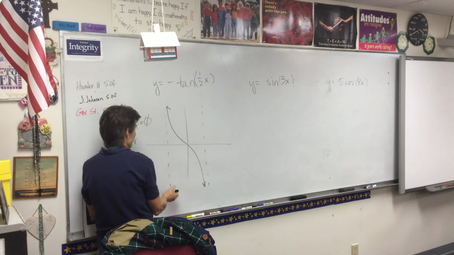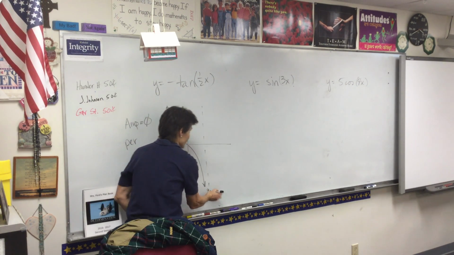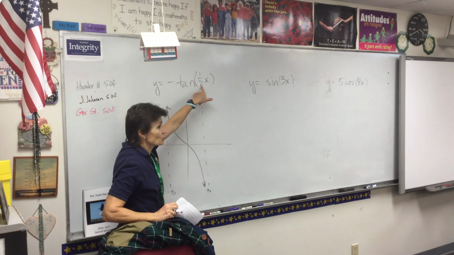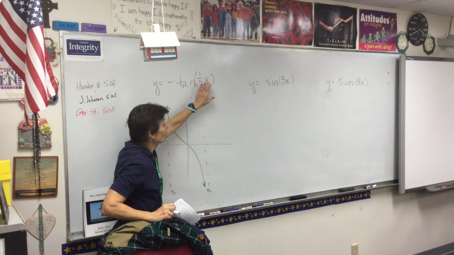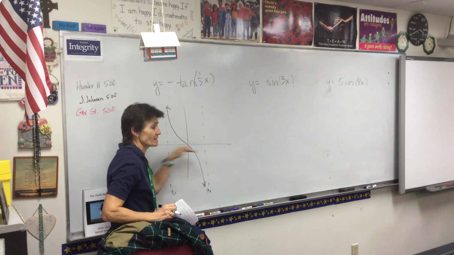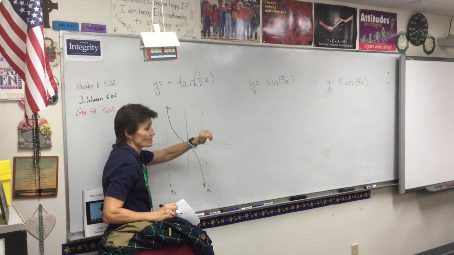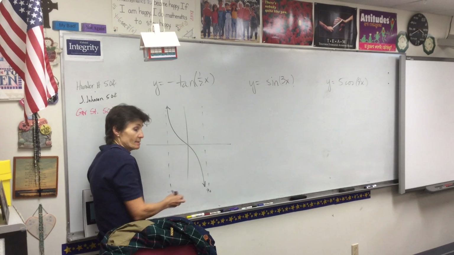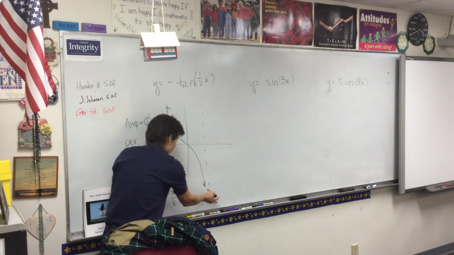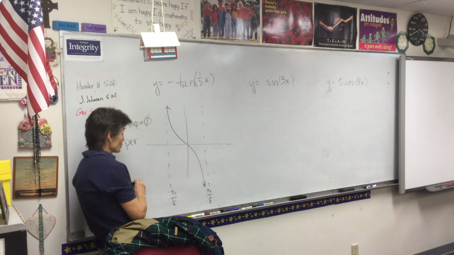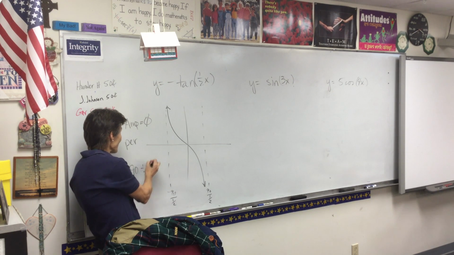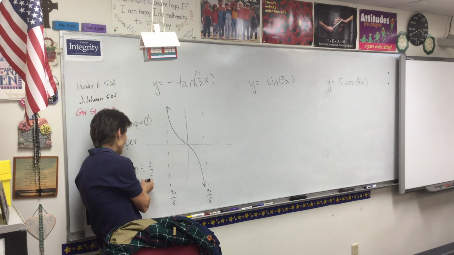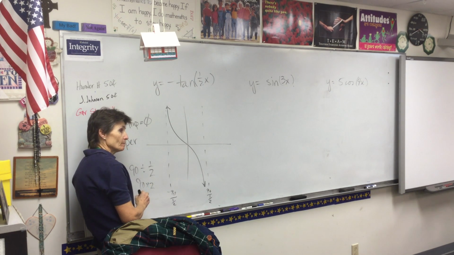Now normally these labels would be negative 90 and 90. Those would be the normal labels. But this changes that. The number on X changes these labels for all your pictures. So what does that number do? It divides these numbers. So 90 divided by a half is really 90 times 2.